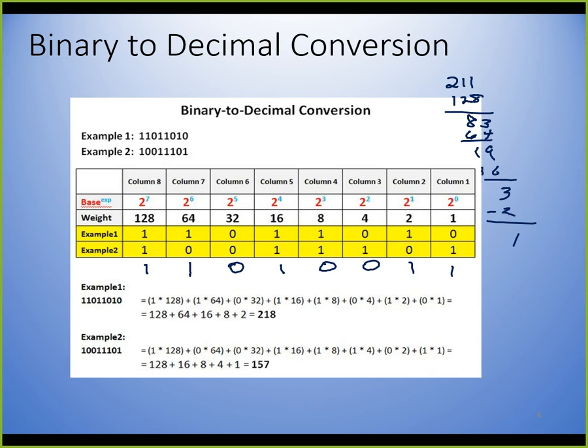Because all it is taking this, and let's go back again. Does the weight or the value make sense to you? Okay. So what we have is either we're activating that column, the value in that column, or we're not activating it. We're either going to use it or we're not going to use it.